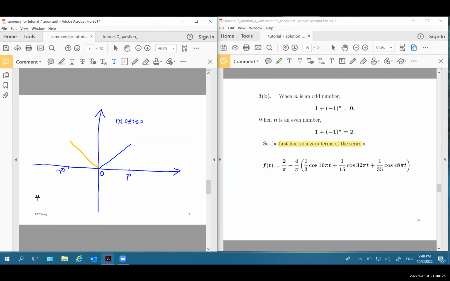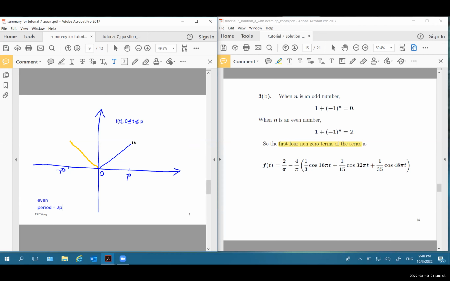So this one is an even function, right? And then this minus p to p, you treat it like one period, 2p. From minus p to p is one period.